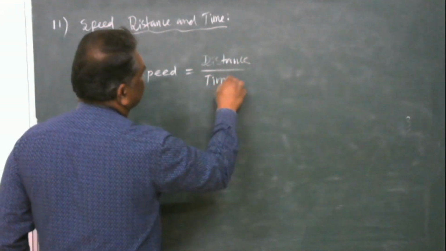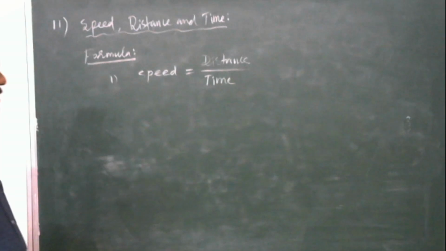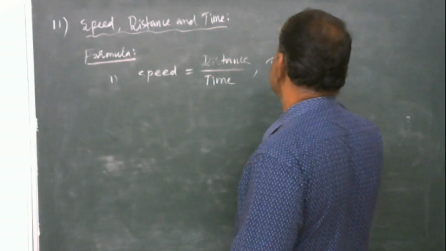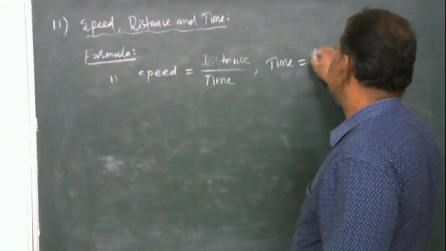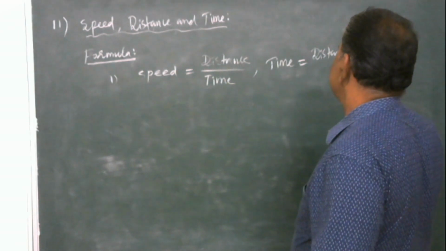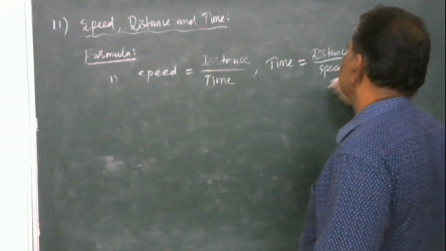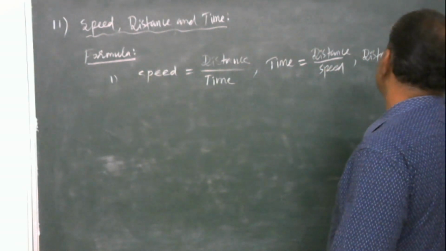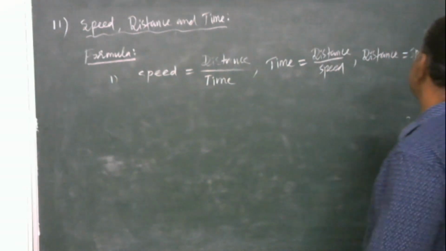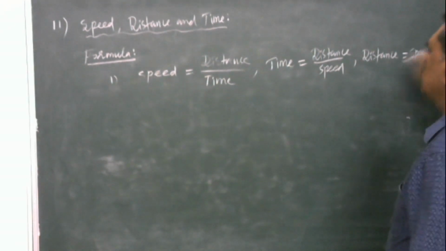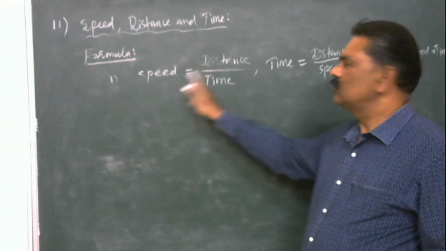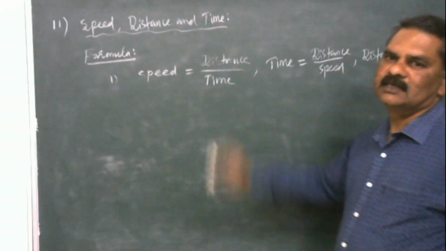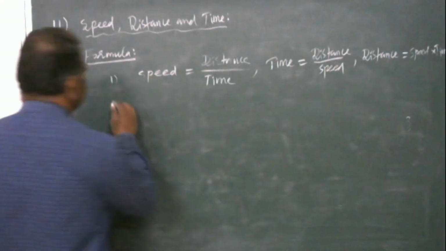Same way, if you want to know time, time is equal to distance by speed. If you want to find the distance traveled, we will multiply speed into time. So if you know two things, we can easily find the third one. So these three are related with this formula: speed equal to distance by time.